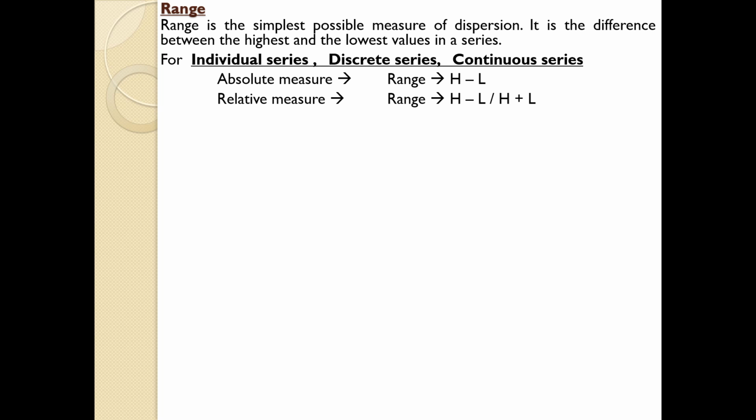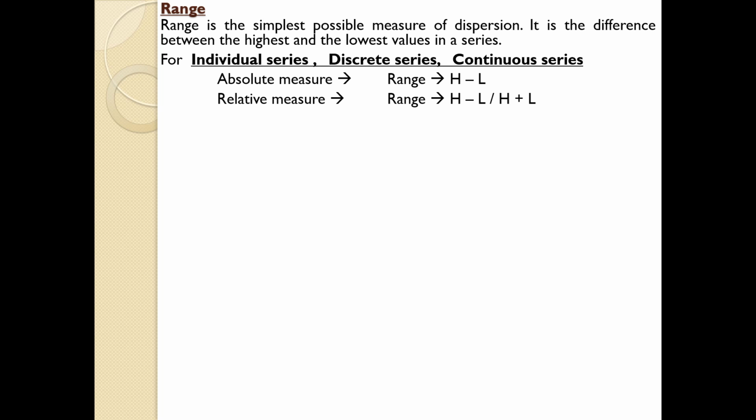So the range of the weight of the students cannot be compared with the range of the height of the students, as they would be in different scales. We use the equation H minus L divided by H plus L. So you use the relative measure whenever you are unable to compare two different units.